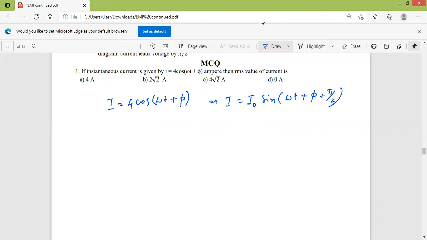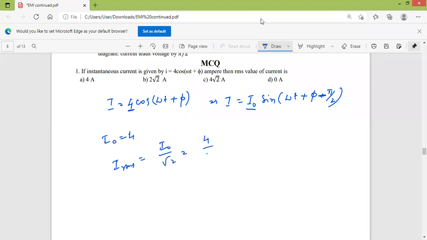You can write like this. This equation also turns to this one. But in the place of I naught, what we have? 4. Therefore, I naught is equal to 4. It is asking the RMS value. I RMS is equal to I naught by root 2.